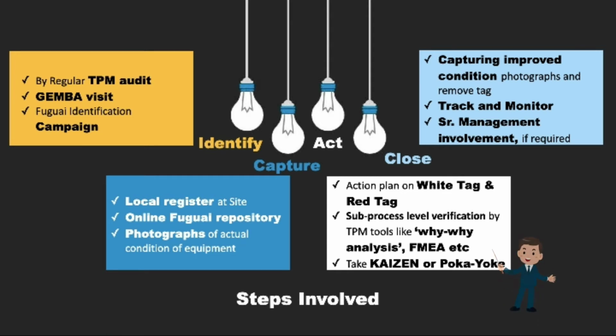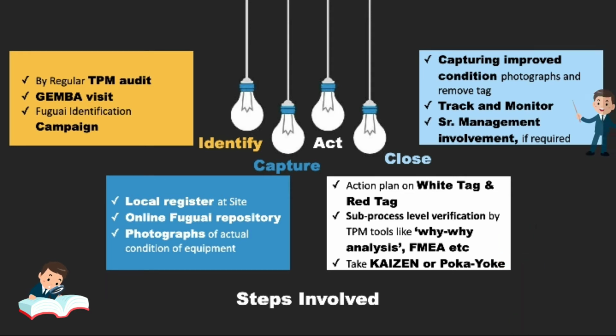Taking action is the most important step. At the first stage, action plan needs to be prepared for identified Fuguais as per resource availability and can be written on white or red Fuguai tags. Sub-process level verification may be done with YY analysis, PDCA cycle or FMEA. Then Kaizen, Pokayokes may be taken up to solve the abnormalities or Fuguai.